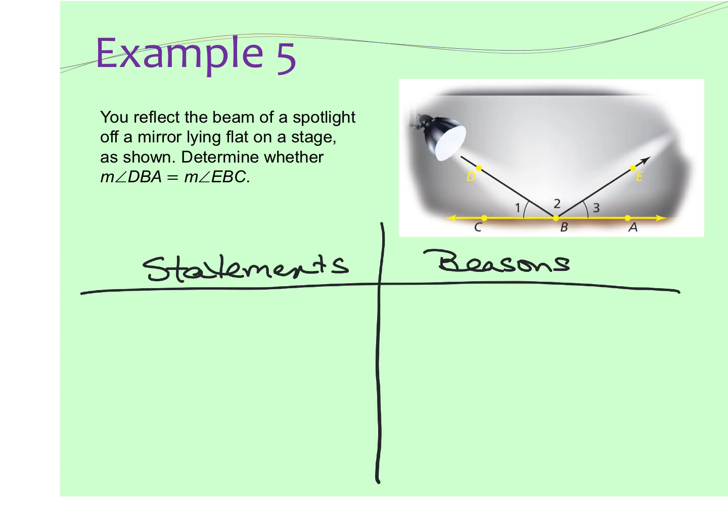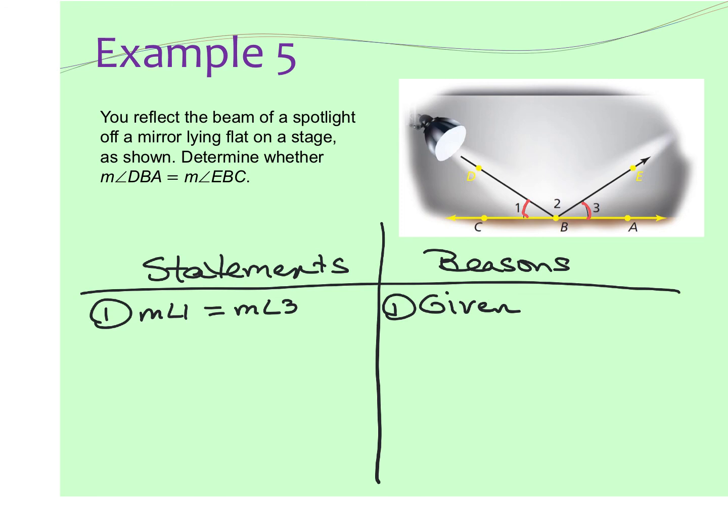Sometimes your given information is just going to be a sentence, and they might say given, with a colon, and write down what's given to you. But for our given here, we're going to look into the diagram, and what's given to me is angle 1 is congruent to angle 3, and that's what I'm going to write as my first statement. So I'm going to say the measure of angle 1 is equal to the measure of angle 3, and that's given.